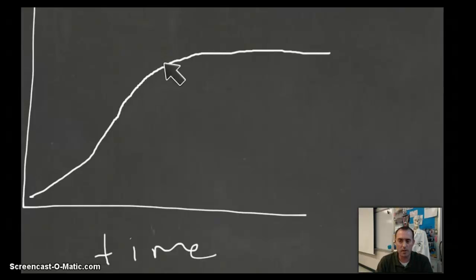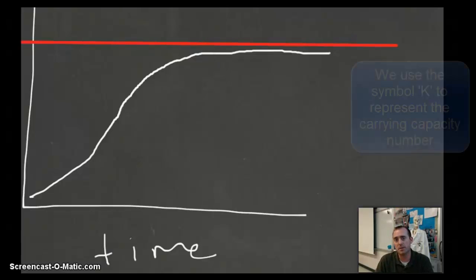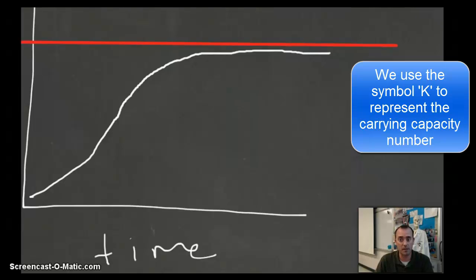This slowing means the birth rate and the death rate are getting closer to each other. They're not equaling 0. The population's still growing, but they're getting closer to the same number. They're getting closer to canceling each other out, and when they do cancel each other out, we get 0 growth. This line here is the carrying capacity. It's the number of individuals the environment can hold.